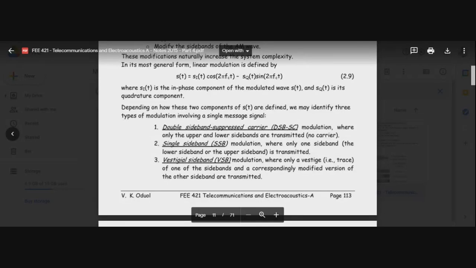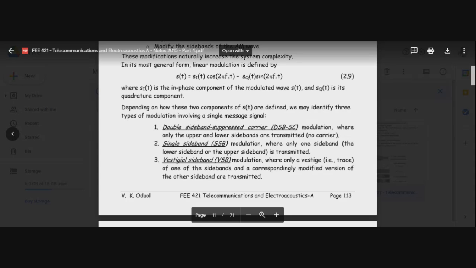Theoretically, even if you have S_I equal to 0 and the other one is not 0, it would still be double sideband suppressed carrier. In other words, if you have either the sine part by itself and the other one is missing, or the cosine part by itself, both of them are double sideband suppressed carrier. What we mean is that if you look at that signal in the frequency domain, in other words, you ask yourself, along the frequency axis, where is the signal?